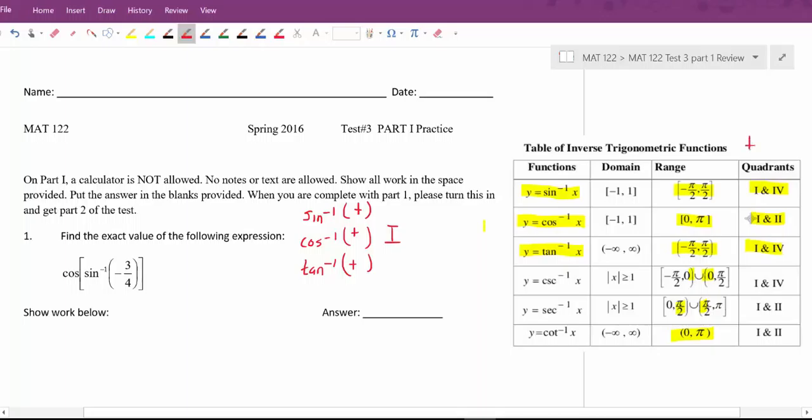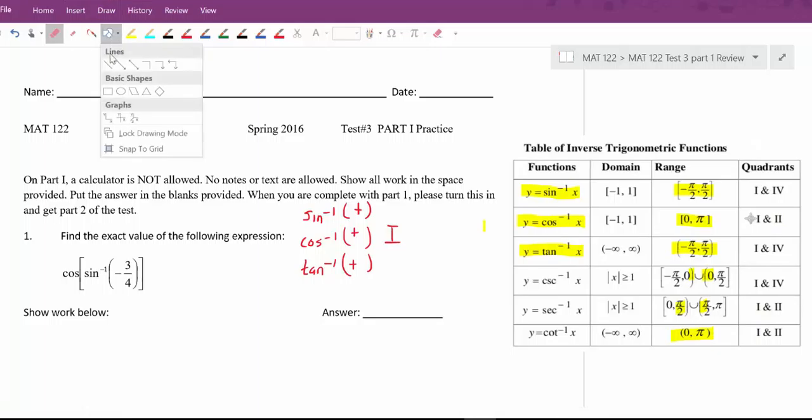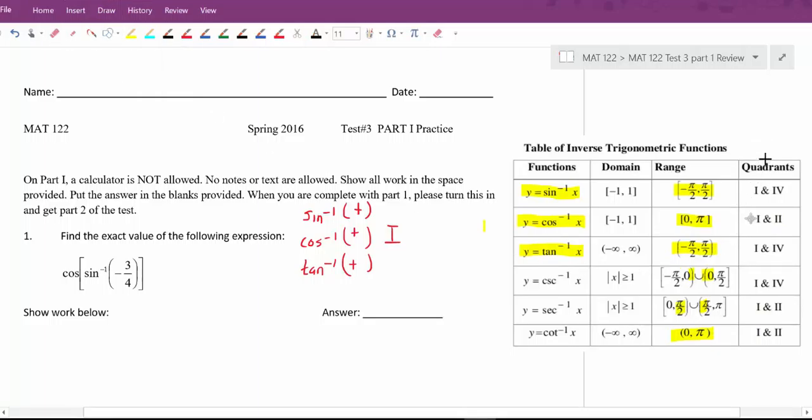You want to keep that in mind as we do this. I'm going to take a little line and make this into a little bit of a table here that might help you a little bit. So again, if you have an inverse trig function of a positive, you're going to be here. And if you do an inverse trig function of a negative, you're going to be in these quadrants.